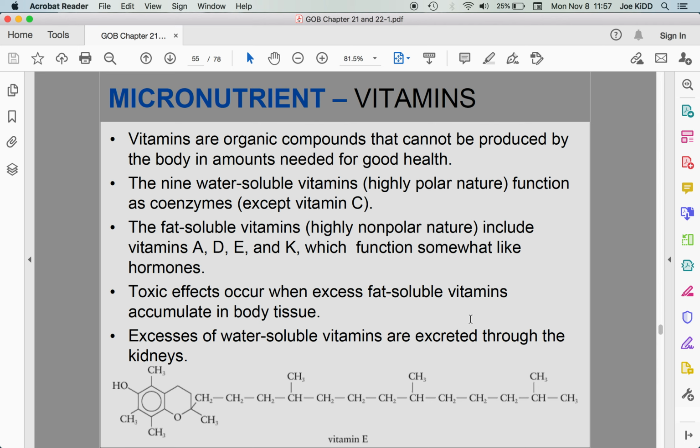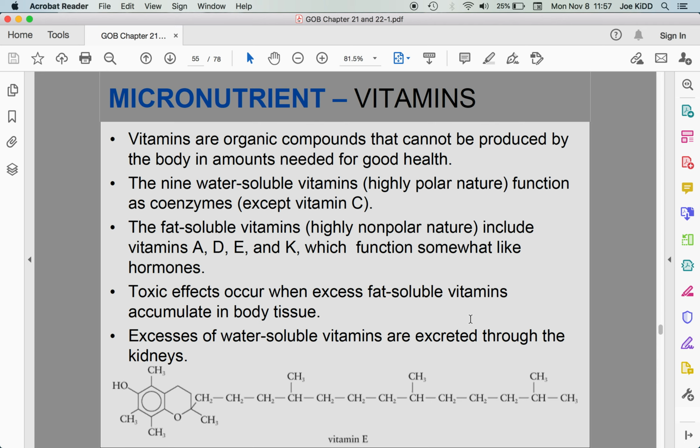Vitamins are organic compounds that can't be produced by the body. They can be, but not in the amounts that we need them to be. So we have to get them from other sources. Most vitamins are water soluble. So if you take a multivitamin, any of the excess that your body cannot absorb at that one time or does not need will be flushed out of your system and excreted via your urine.